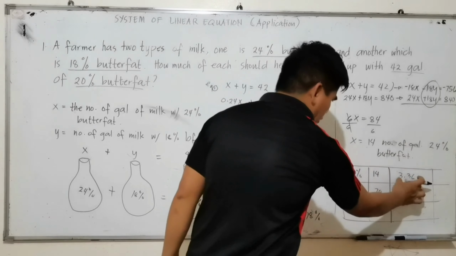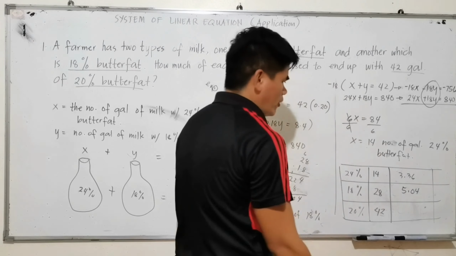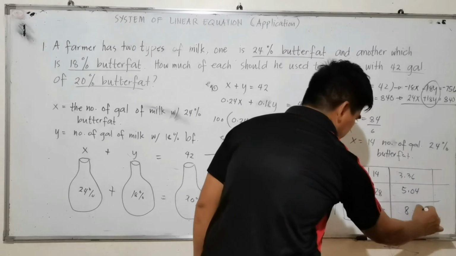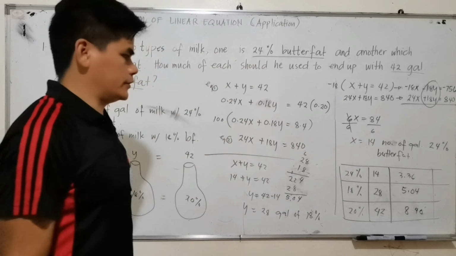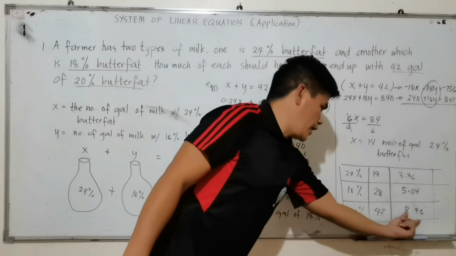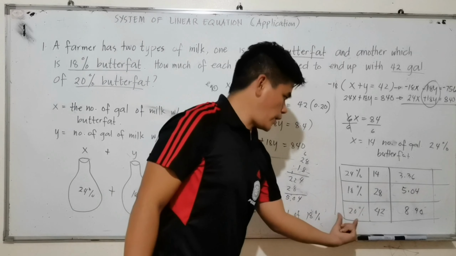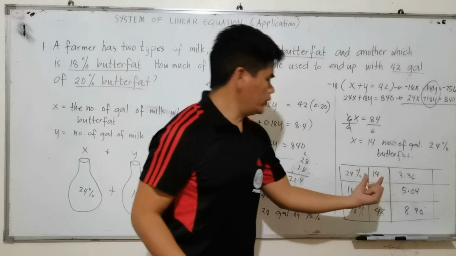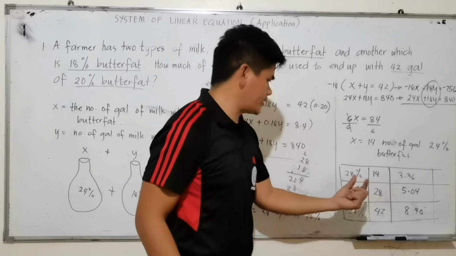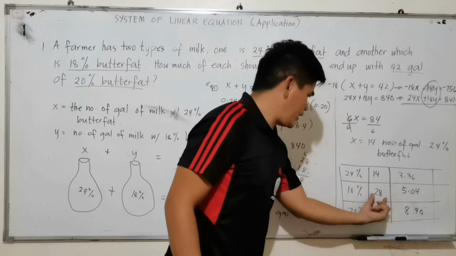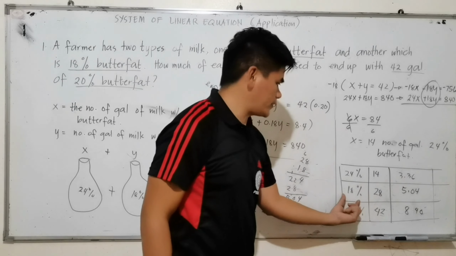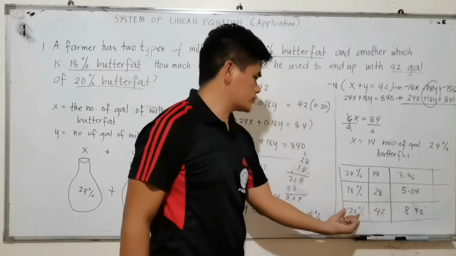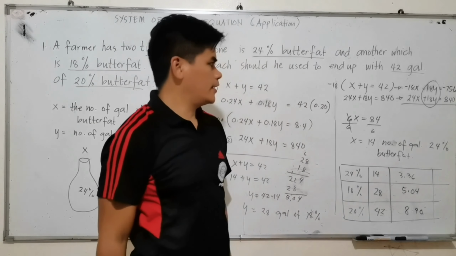Now, 3.36 plus 5.04 is equal to 8.40. Take note, 8.40 is 20% of 42. That is why we need 14 gallons of 24% butter fat and 28 gallons of 18% butter fat in order for us to end up with 42 gallons of 20% butter fat.